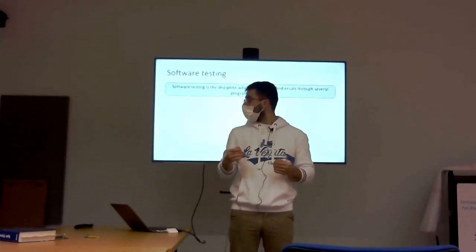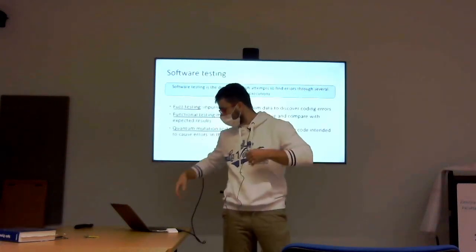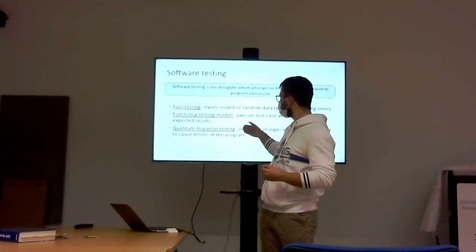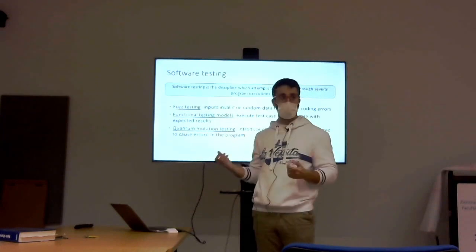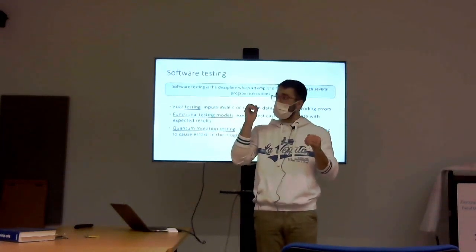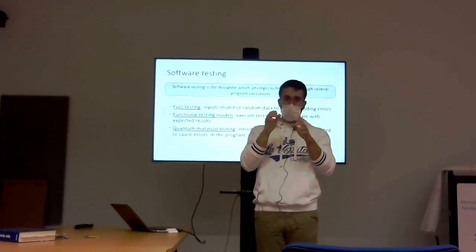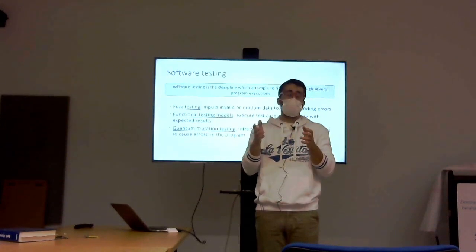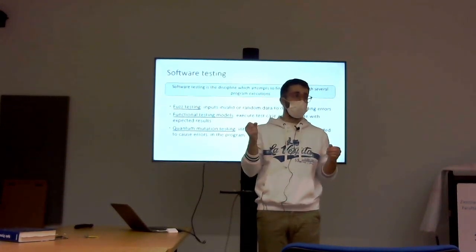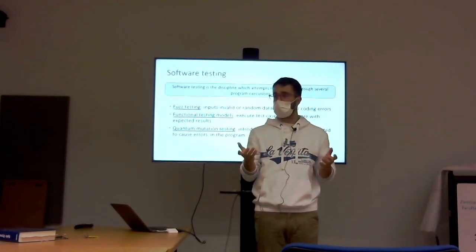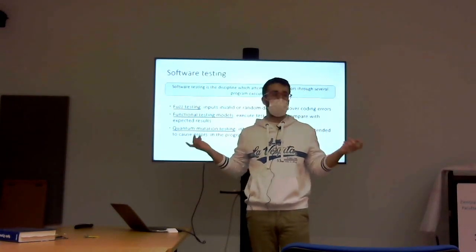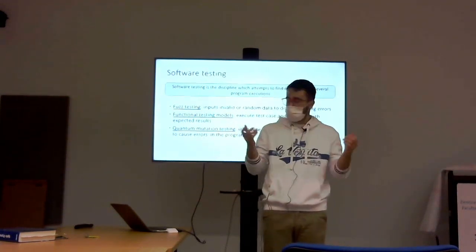There are a lot of methods, for example fuzz testing, functional testing models, quantum mutation testing, but basically they say to play with the code, play with the inputs, and see if it works. For example, if you put in an input outside the boundaries of the system, it has to fail. It doesn't have to do anything.